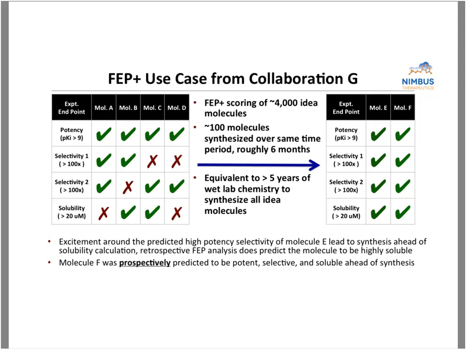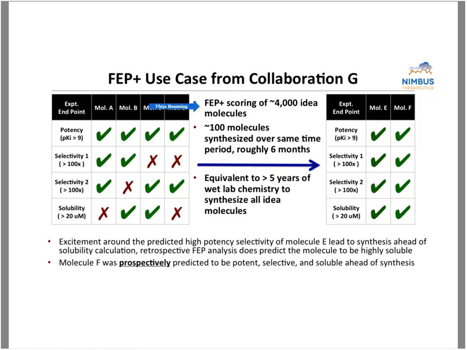There was another molecule that was made that addressed the solubility, but in that case they lost a very important feature, which is selectivity over target 2. That would be molecule B. And similarly, molecule C had good solubility and selectivity over anti-target 2, but did not prevent binding to target 1. And then there was molecule D, which had neither selectivity for target 1 and had poor solubility.